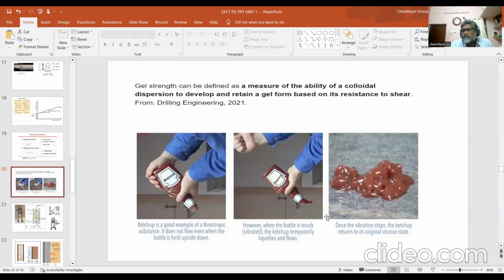The ability of a tomato ketchup to behave or be retained as a gel, offering resistance to shear, is called gel strength.